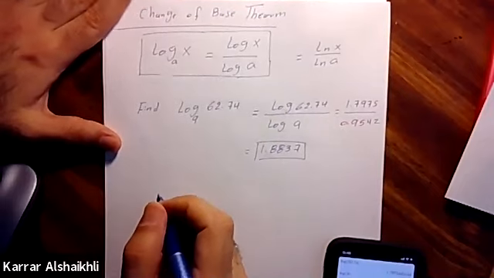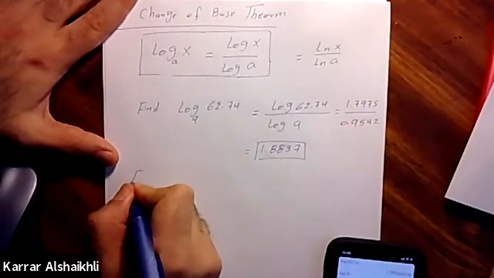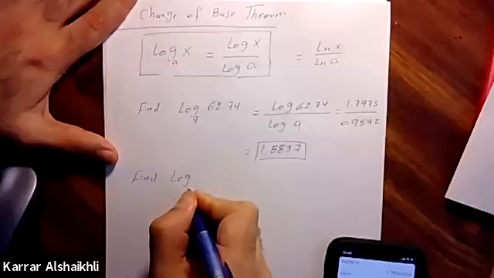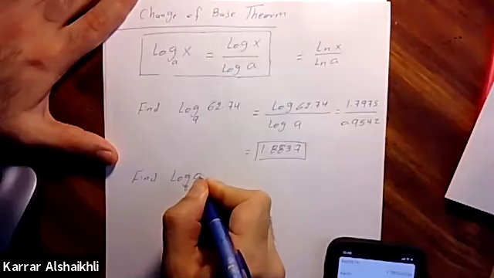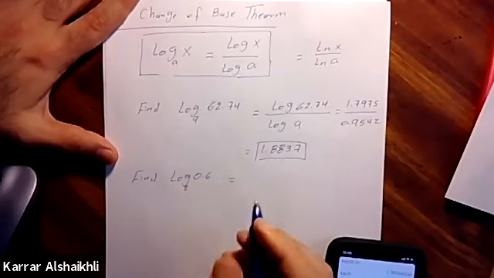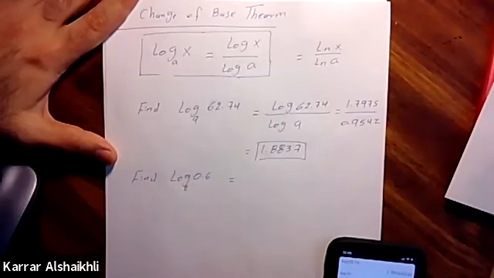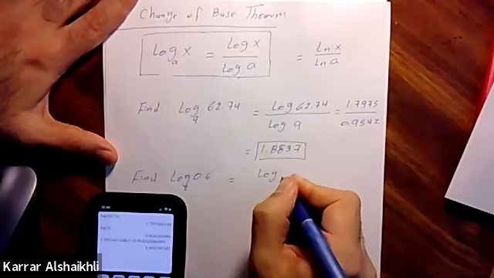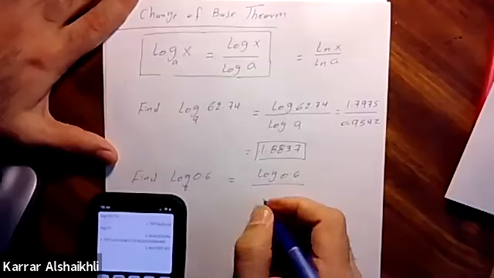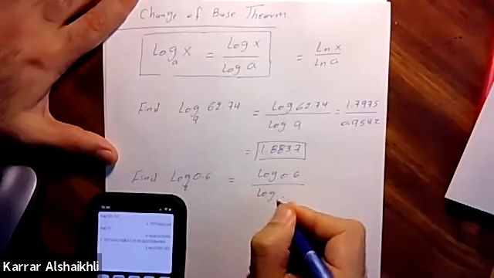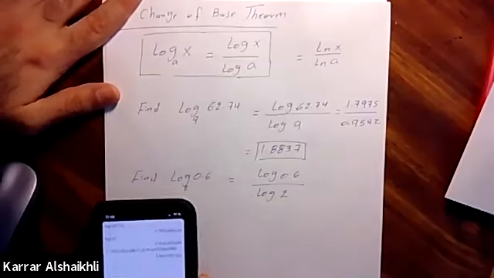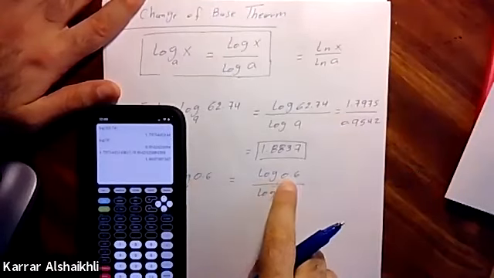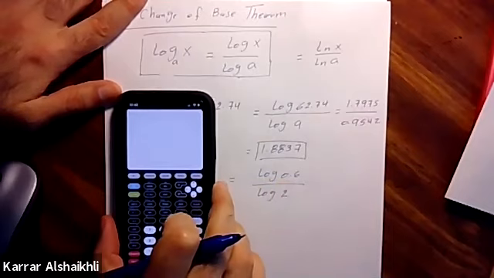Here's another example about the change of base theorem. Find log to the base 2 of 0.6. So this is the x, this is the base. So it's going to be log of x, which is 0.6, divided by log of 2. Also, you can use the calculator right away without finding how much log of 0.6 is. How? Let me show you.